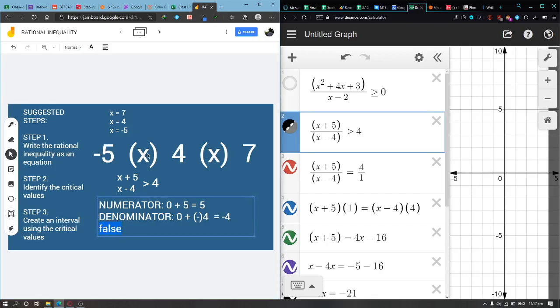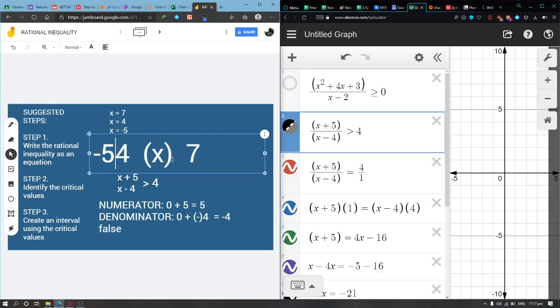So next, if this value of x is not included, then we will exclude this from our solution. So if we will exclude this, all we can have is 4 and 7. So it is 4 less than x, or x is less than 7.